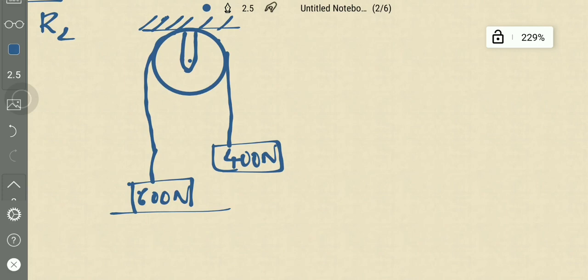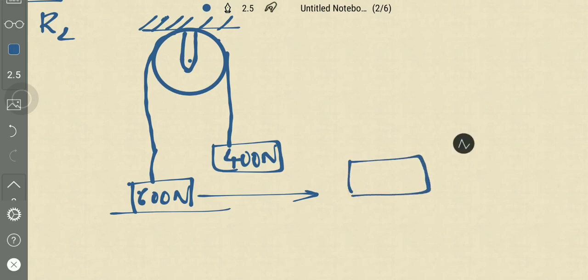Then the free body diagram for this is, there are two bodies in this. First we should select one body for which the free body diagram is to be drawn. If you select the 600 Newton body, this is the body, and what are the forces acting on it?